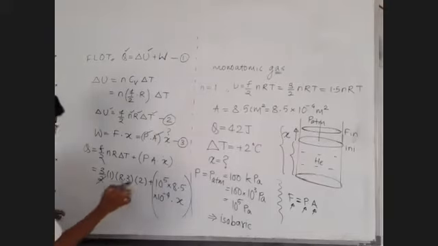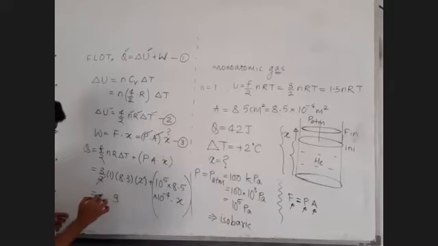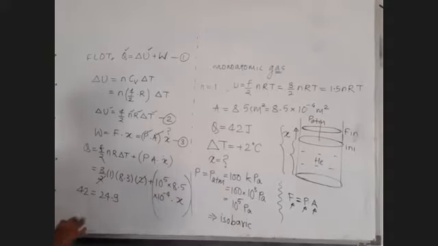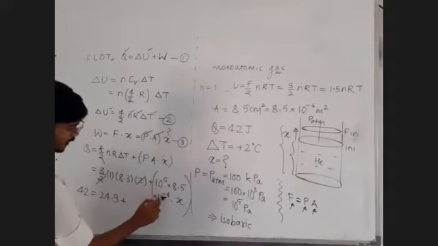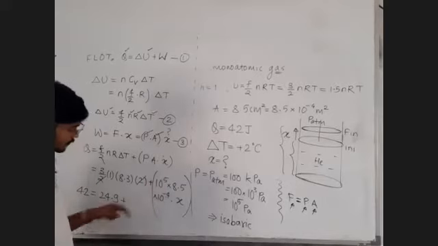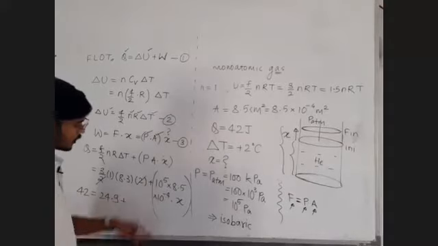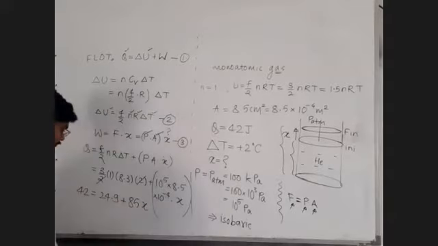So this two cancels. 3 into 8.3 will be 24.9. This Q is given to us as 42. Then this plus 5 minus 4 will be plus 1, plus 1 into 8.5, 85. Okay, check if we are doing the calculations correctly or not.